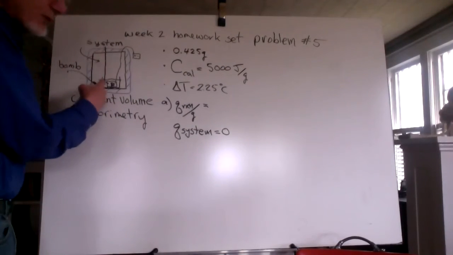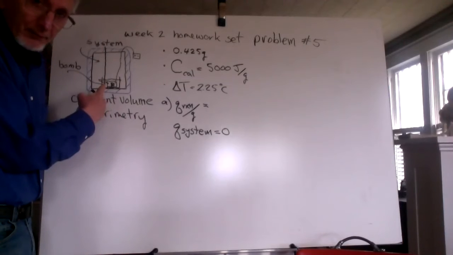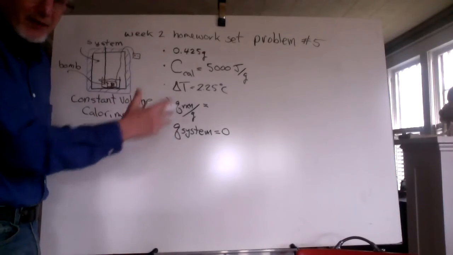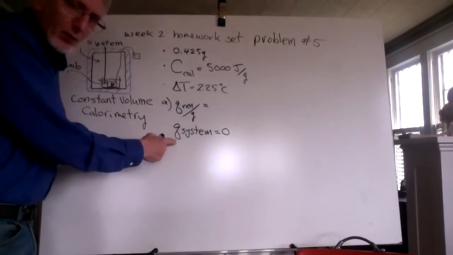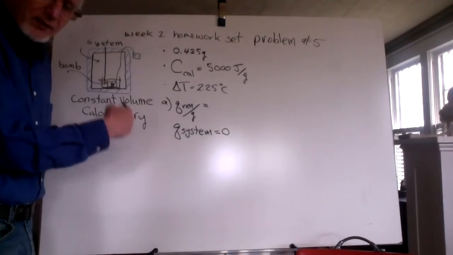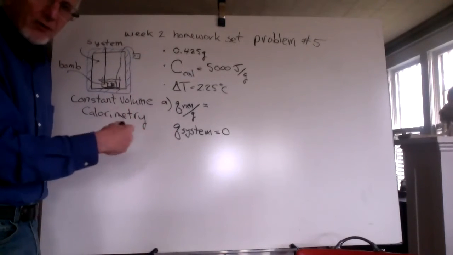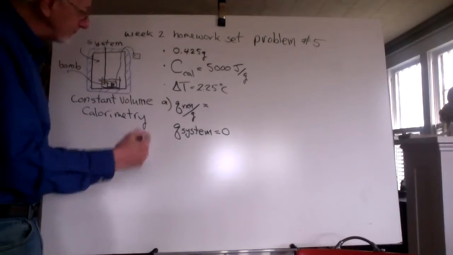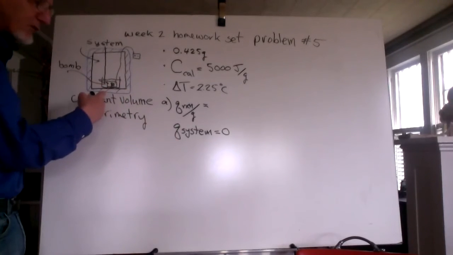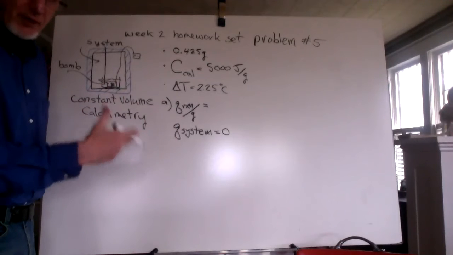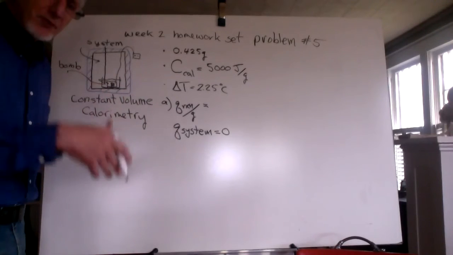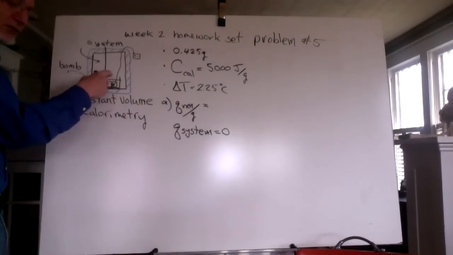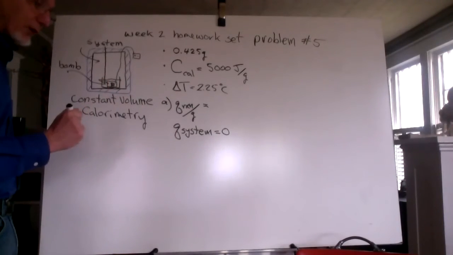Well, remember, the system is everything that's inside the calorimeter, but the insides are completely thermally insulated from the outside. And recall what the heat energy is telling us. Heat, or Q, is the amount of energy exchanged as heat between the system and the surroundings. But we have it thermally insulated, so no heat energy is escaping the system, no heat energy comes in from the outside. Therefore, the change in the heat of the system, the inside of the calorimeter, is 0.